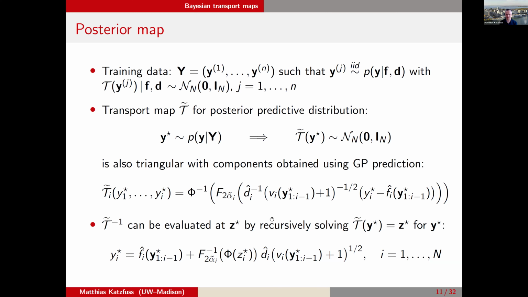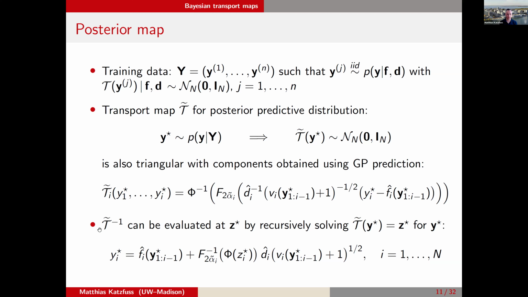It's just saying there is a closed form expression, and the elements that we need within that, for example, this vi and this fi hat, are just quantities obtained by very simple standard Gaussian process prediction, just using well-known formulas for the multivariate normal distribution. So they can be computed in closed form and very easily in our setting.